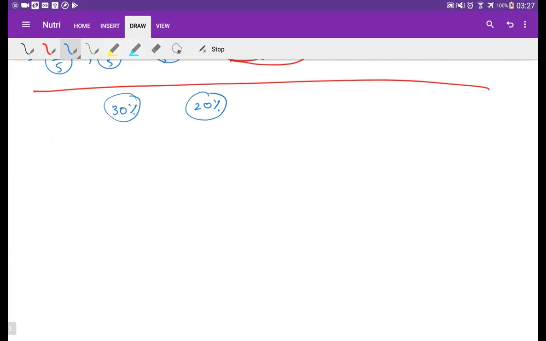How? I'll show you. So what we do here, 30 plus 20, how much is it? 50%. Okay, so first thing, we take 30% share as A and 20% as B. So we divide 30 by 50 and 20 by 50.